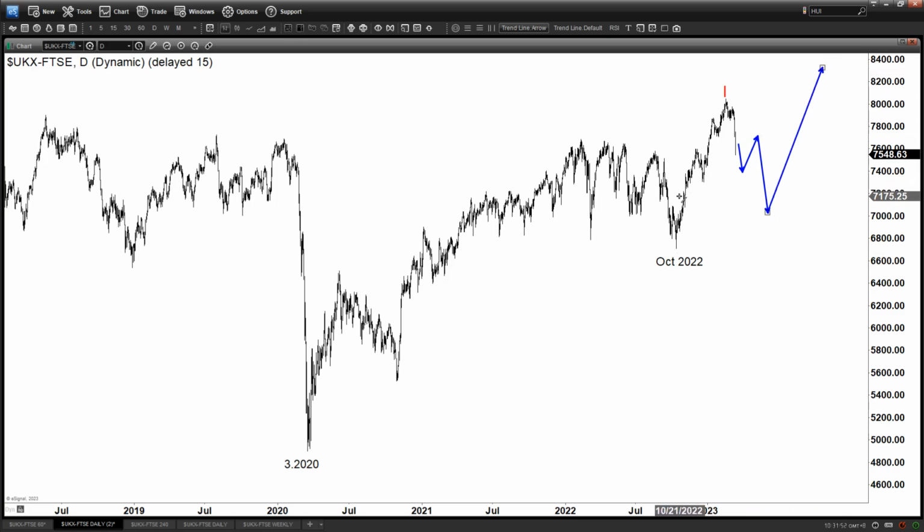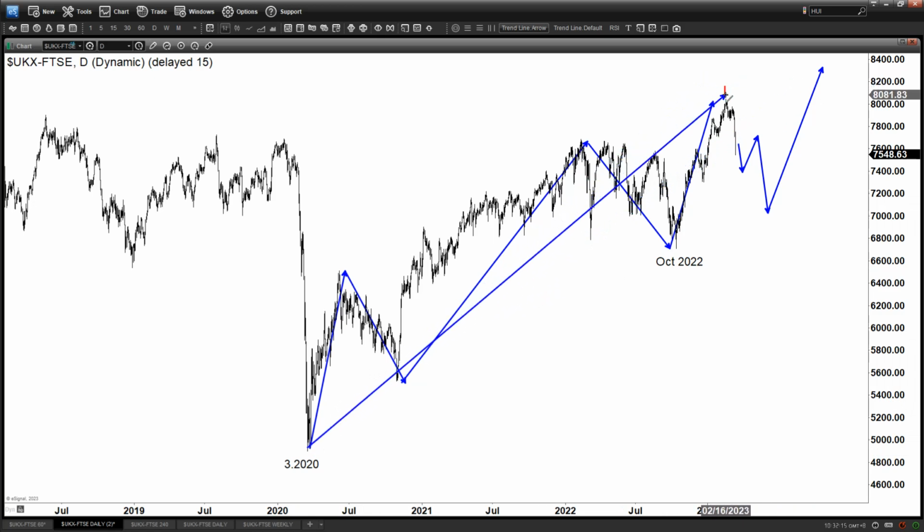But there is also another option in which you could be ending the entire cycle from 2020. So you could in fact be calling this 1, 2, 3, 4, and 5 as well. So not only is there the pullback correcting October 2022, there is also another option in which you finish the entire 5 waves up from March 2020.